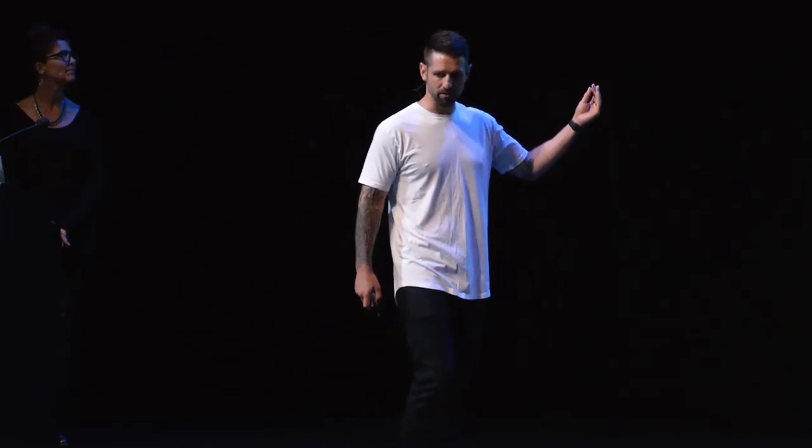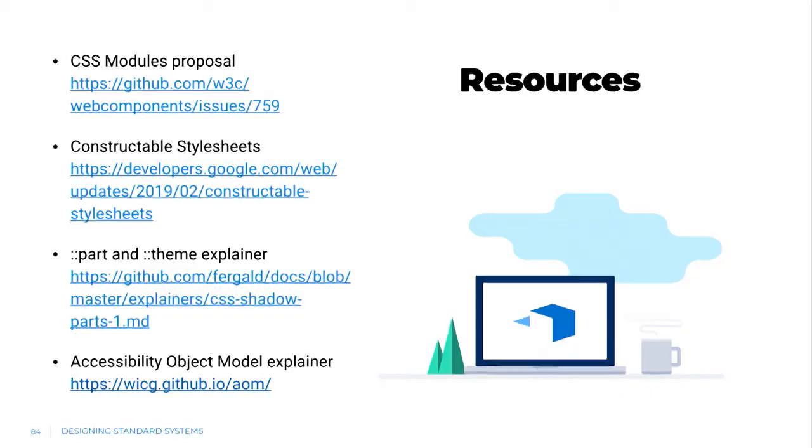Here's the explainer on constructible style sheets, if you want to learn a little bit more about that. I've included the part and theme explainer, so if you want to deep dive into that, maybe grab a huge cup of whiskey before you get into that thing. And then again, the accessibility object model. That's kind of a tracker of current status, current explainer, spec implementation, and such.